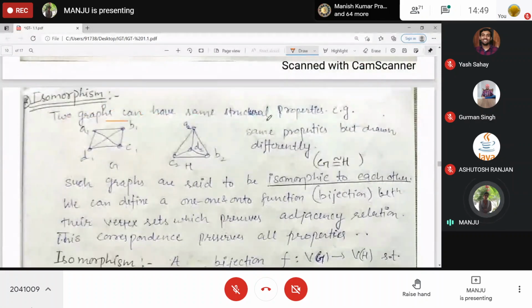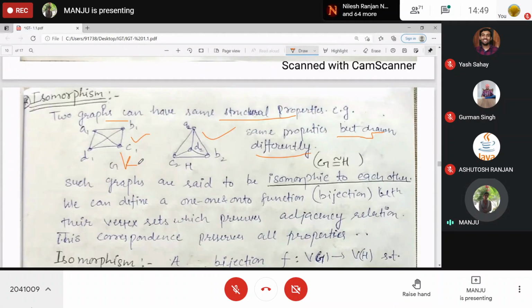So two graphs, if they have the same structure, the same structural property, then you can redraw one graph to form another, right? We may have drawn these graphs differently, but we can redraw them such that they are the same as the other one. For example, this form of K2 and this form of K2.